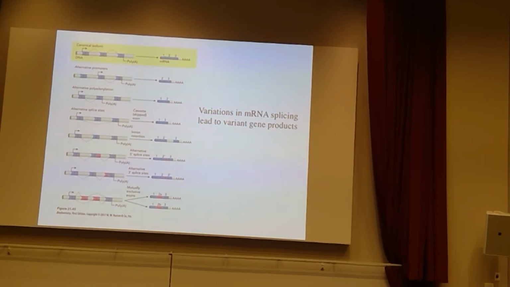We can skip over a particular exon, so we generate a smaller mRNA product that way. We can leave an intron in and not excise it. There are different ways to splice at the 5' or 3' end of an intron, and each of those creates a slightly different mRNA product. So all of these can be brought to bear to take one gene that can be read out in one way and use it to generate slightly different protein products.